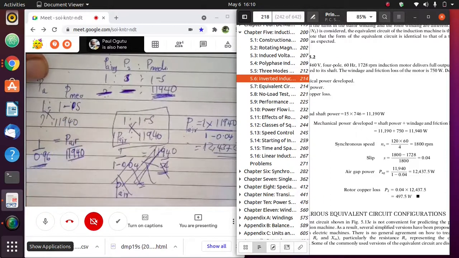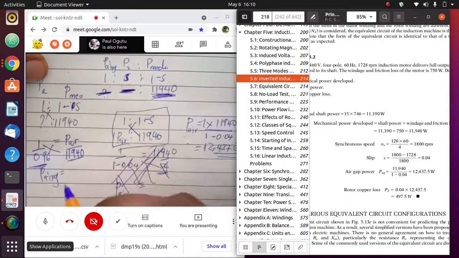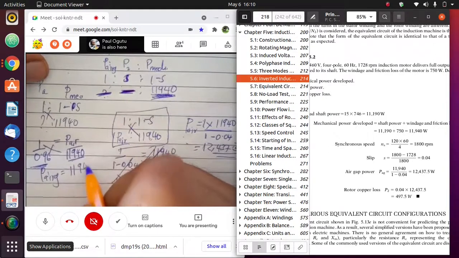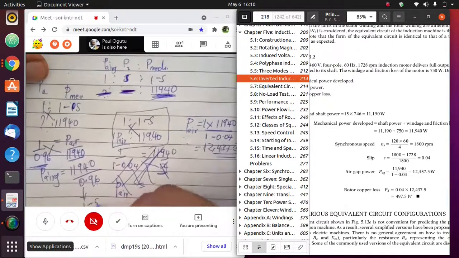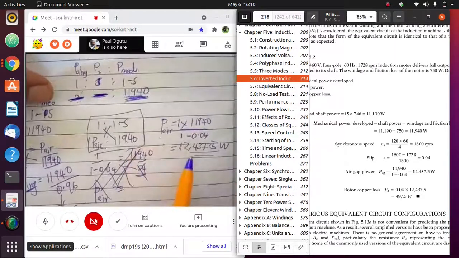By making the air gap power the subject, we get that the air gap power is 11,940 divided by 0.96, where 0.96 is 1 minus the slip, to get that the air gap power is 12,437.5 watts.